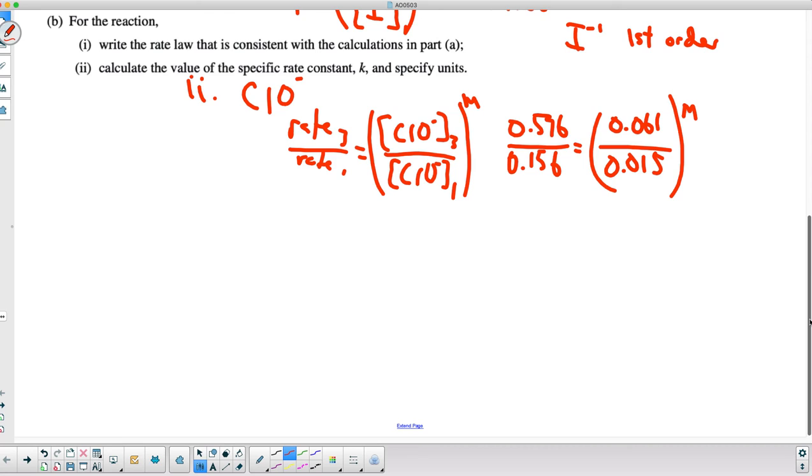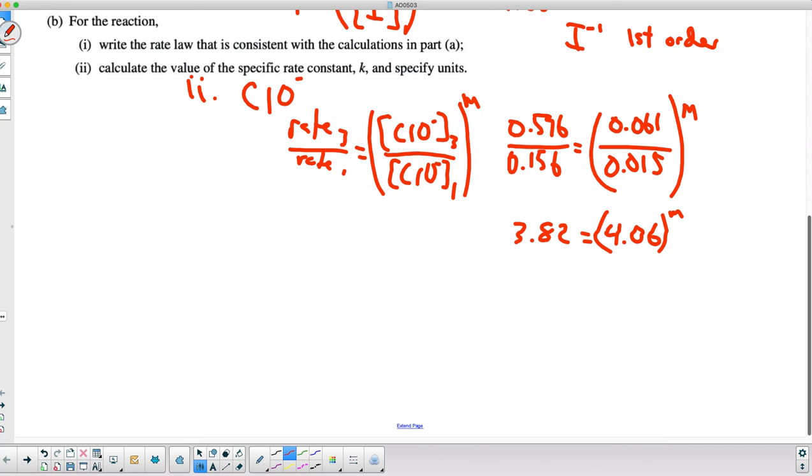When I divide the rates, I get 3.82, and when I divide the concentrations, I get 4.06. But that's to the m power.